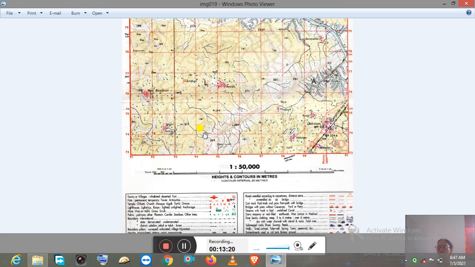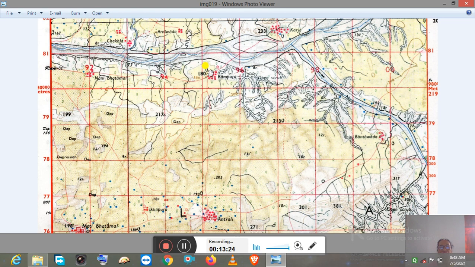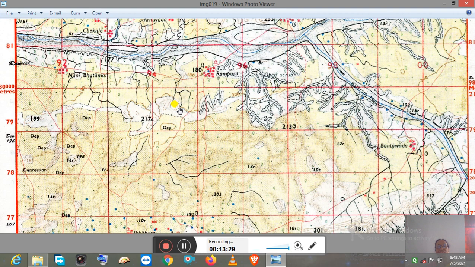Then you have learnt about the different features. Some of these are given here. Different colors, different features you have studied. All over the map there is yellow color, that is showing agricultural area.